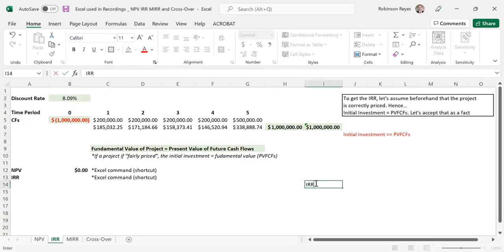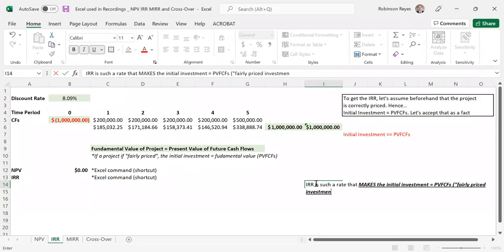So the internal rate of return is such a rate that makes, let me see, I'm gonna make this bold, italics, and also underline and caps lock, the initial investment equal to the present value of future cash flows, so fairly priced investment.